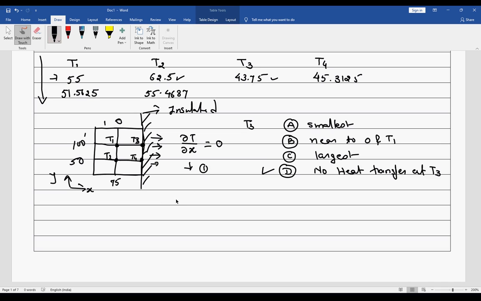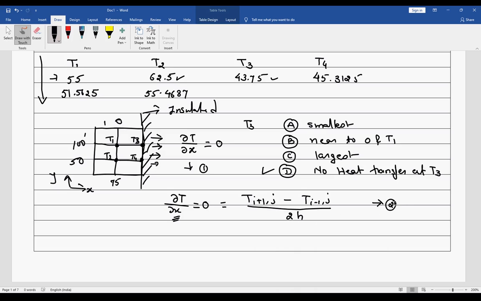Okay. So what is the meaning? Delta T by delta x is equal to 0. According to central difference, you have to remember it is in x direction: Ti plus 1 j minus Ti minus 1 j divided by 2h.